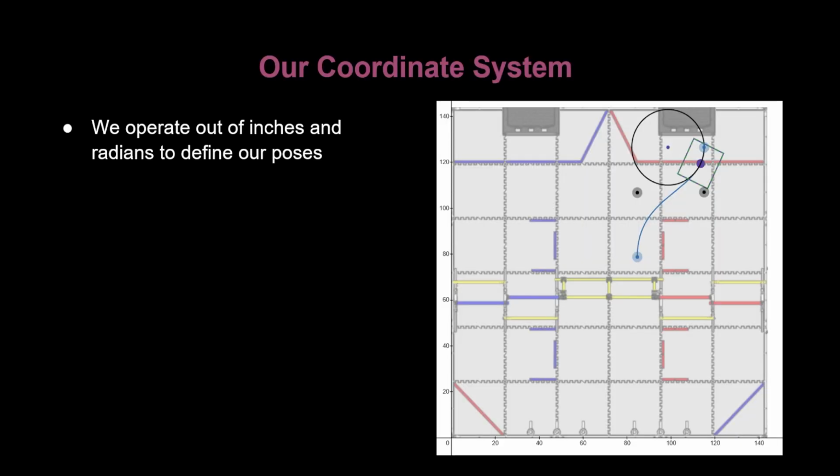And now we're going to move on to making paths. As we outlined in our prerequisites, we run in inches. So our coordinate plane runs from 0 to 144 both ways. Our blue left corner is 0, 0. And our right red corner is 144, 144.